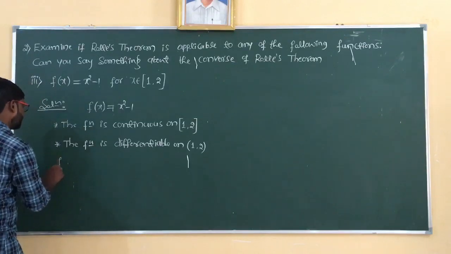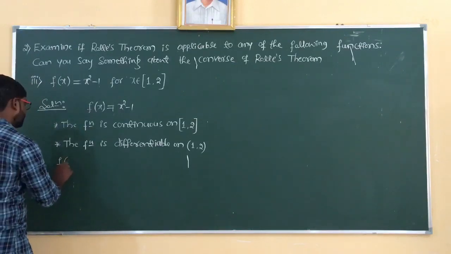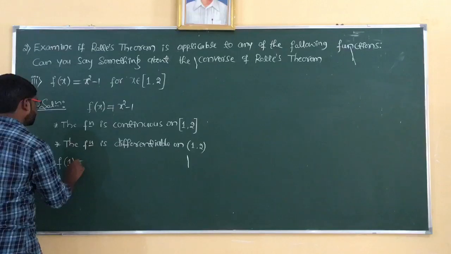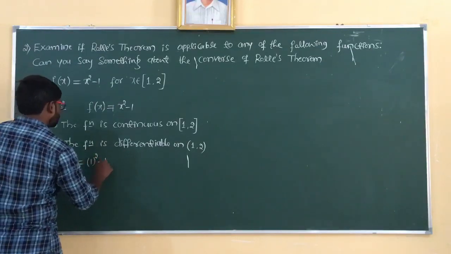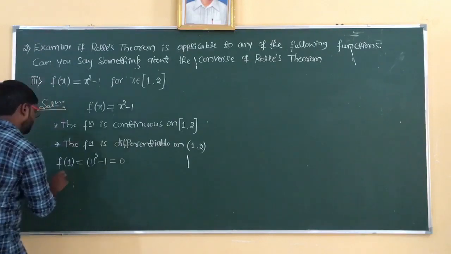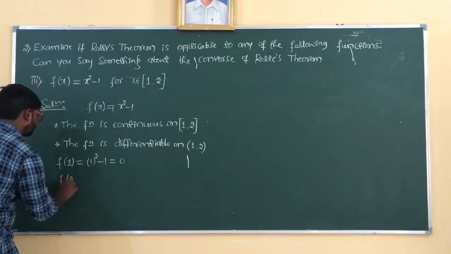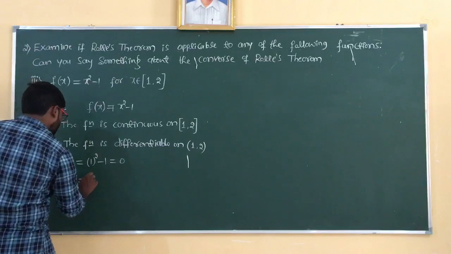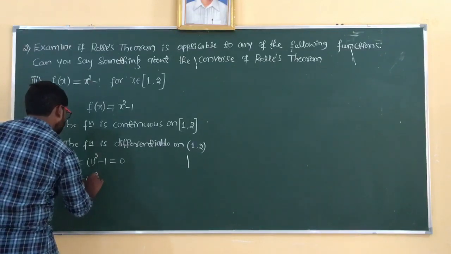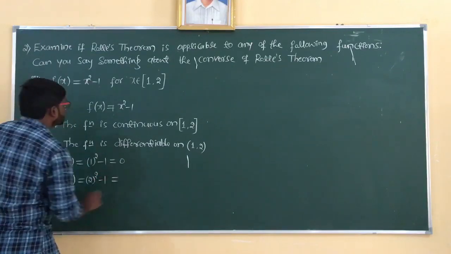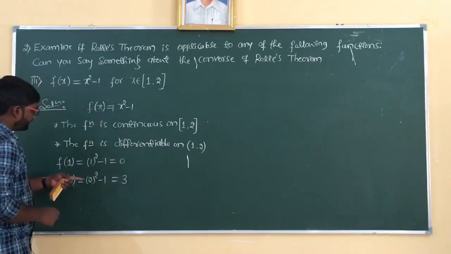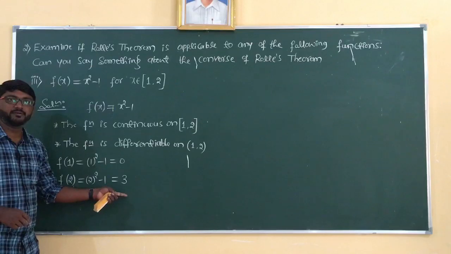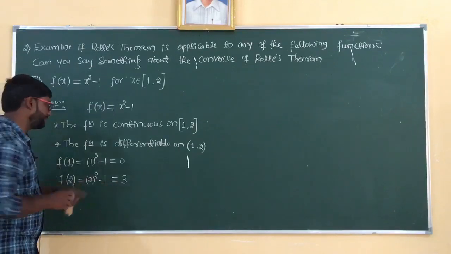So I will go for f of a, that is f of 1 which is equal to 1 square minus 1 which is 0. Then I will go for f of 2 which is equal to 2 square minus 1. 2 square it is 4, 4 minus 1 it is 3. Then so here f of a is not equal to f of b, therefore the Rolle's theorem is not applicable.